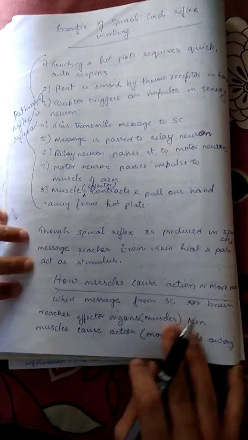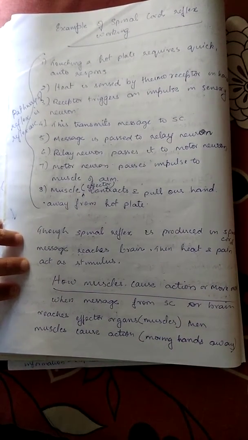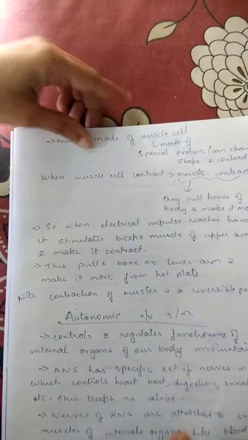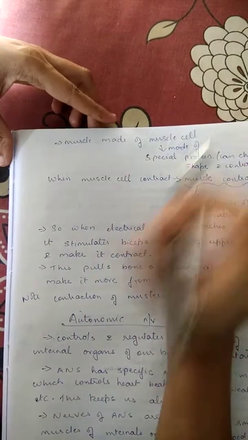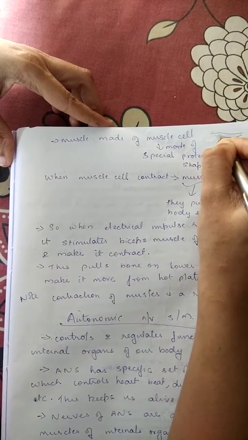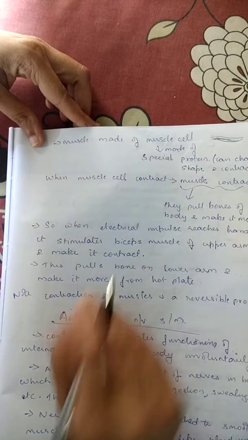How is the muscle able to do that? When the message reaches the muscle or effector organ, which is the muscles here, then muscle is able to take an action. Why? Because muscles are made up of a special kind of cells, which are muscle cells. There are a lot of different kinds of muscle cells, and in these muscle cells there are special kinds of proteins.